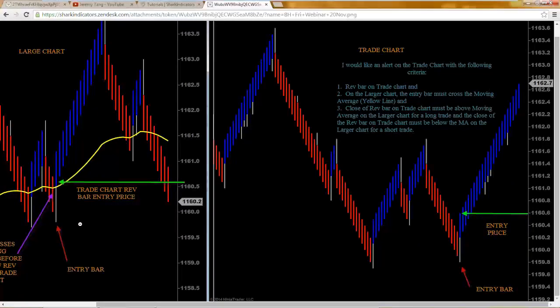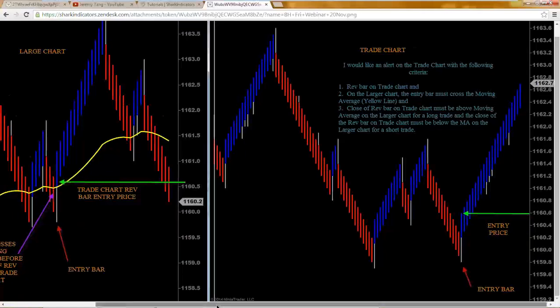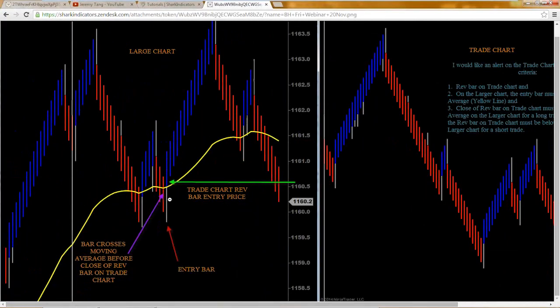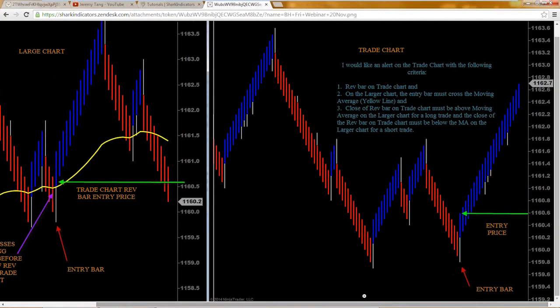So we're looking for a crossover on the larger chart. Condition 3, the close of the reversal bar on the trade chart or the default chart, which is our lower time frame, must be above the moving average on the larger chart.